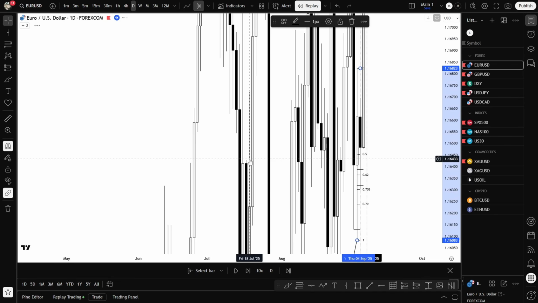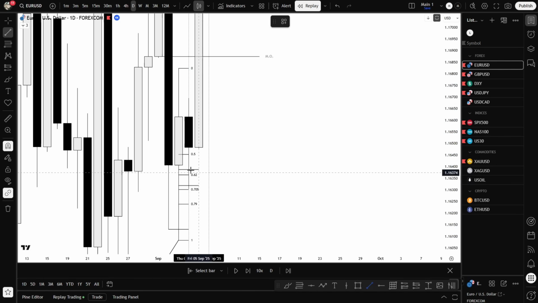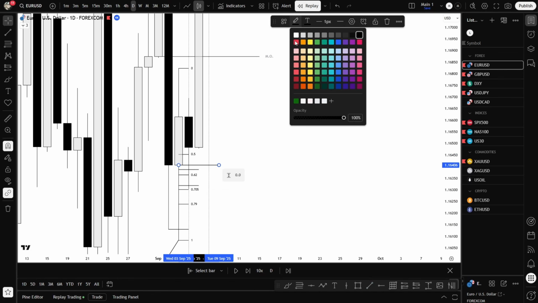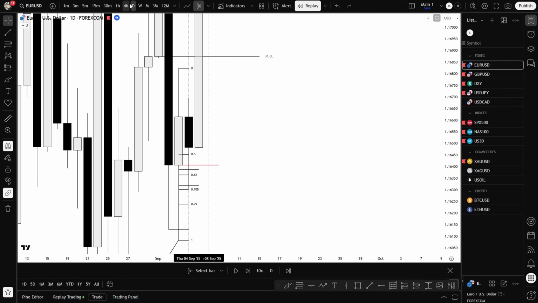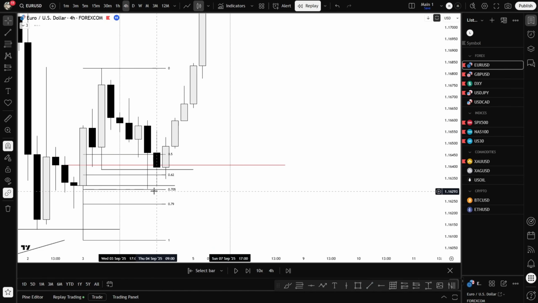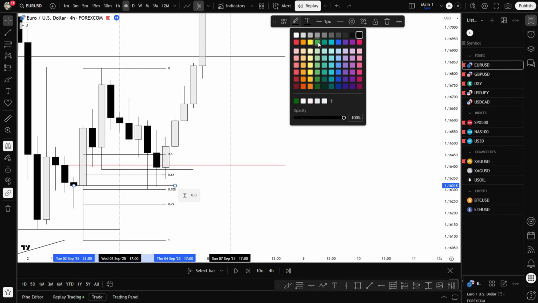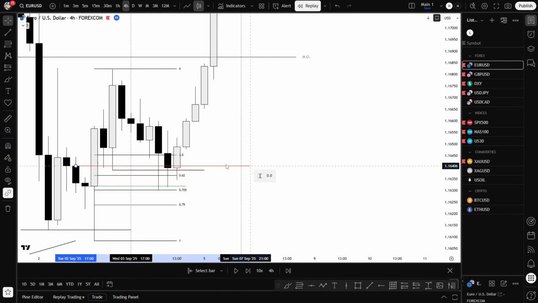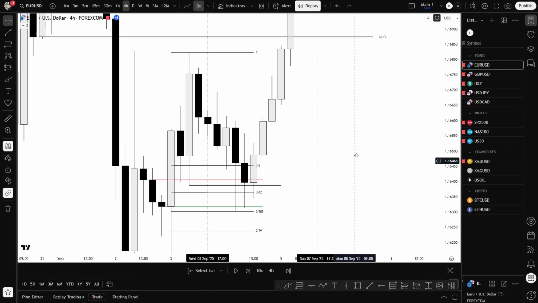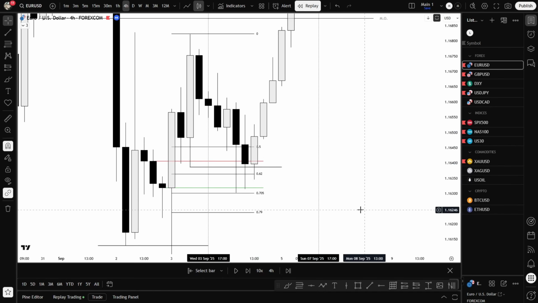So this is daily. Let me do it red. Daily rejection block. 4-hour rejection block is gonna be green, right? And the OTE and the pre-liquidity.